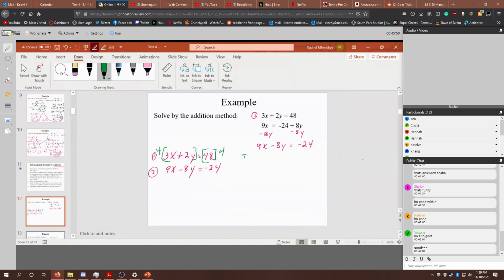Now I'm going to rewrite equation 1. 12x plus 8y equals 192, I believe. And then I'm going to bring the second equation just straight over like it is.